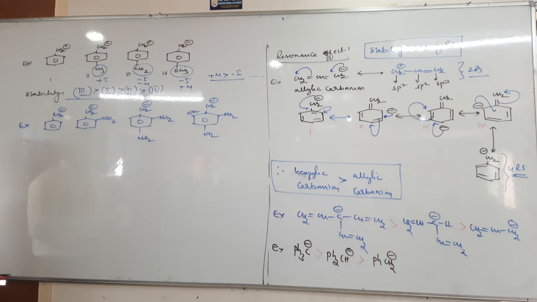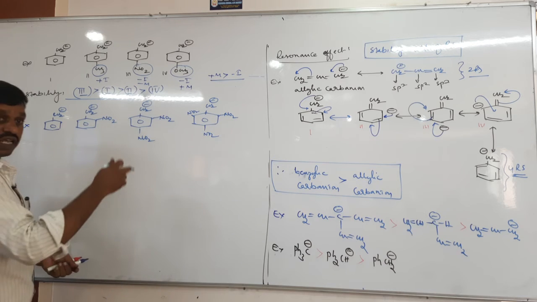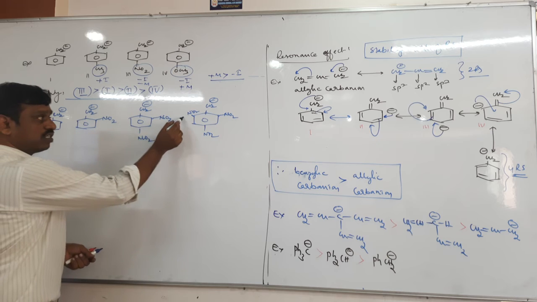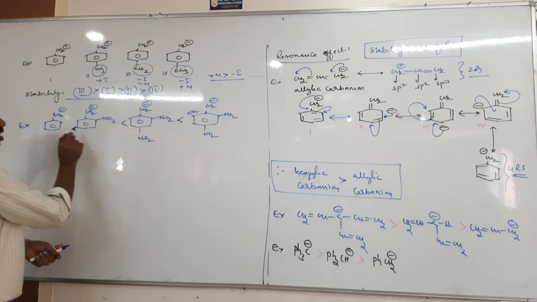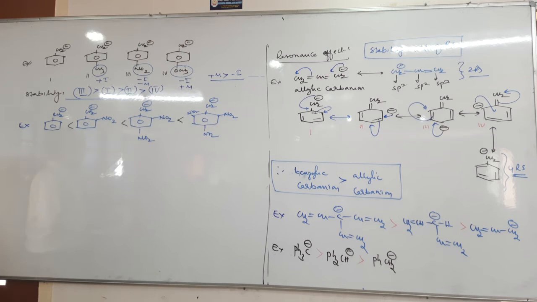Tell me which is most stable? Obviously the fourth one, because as the number of electron withdrawing groups increases, stability of carbanion increases. Similarly, as the number of electron releasing groups increases, stability decreases. That is common. So this is the second effect, resonance effect.